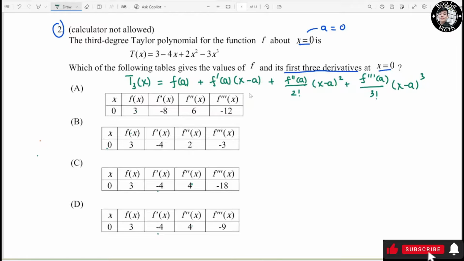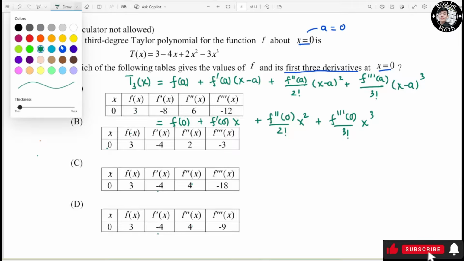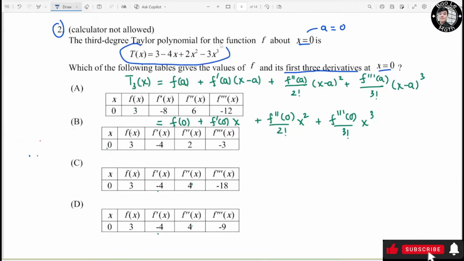Substituting 0 for a, we have f of 0 plus f prime of 0 times x, plus f double prime of 0 over 2 factorial times x squared, plus f triple prime of 0 over 3 factorial times x cubed. Now we're given the table, so we just put this down over here.